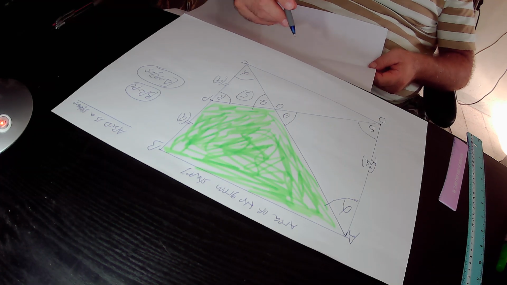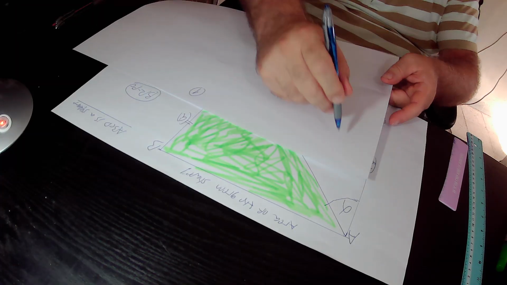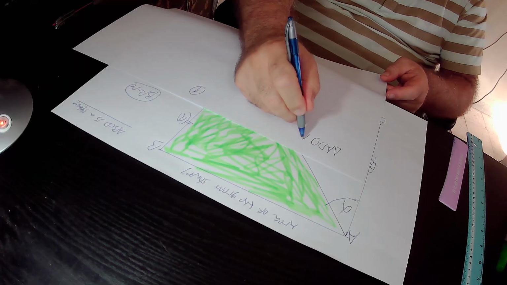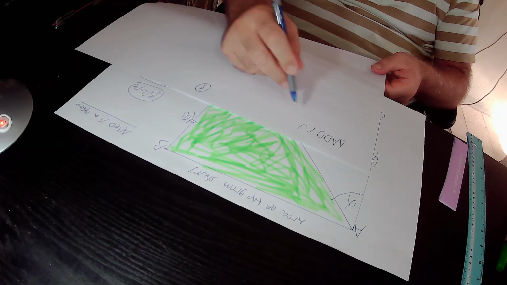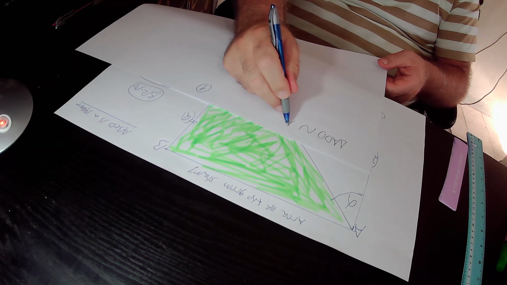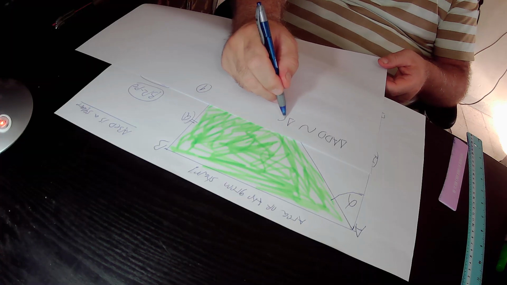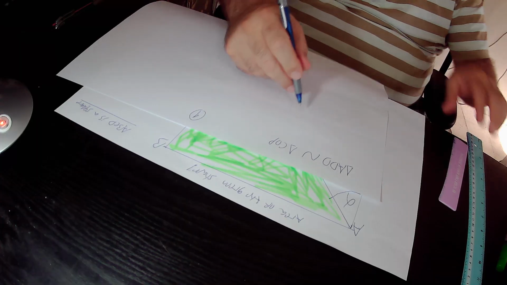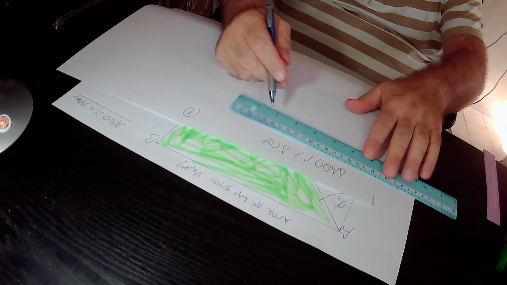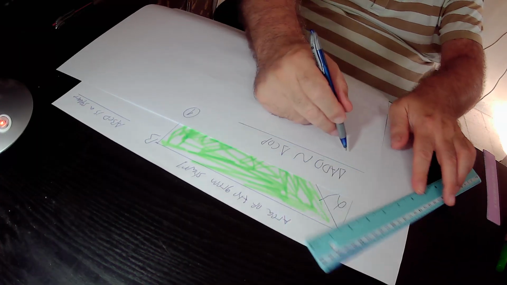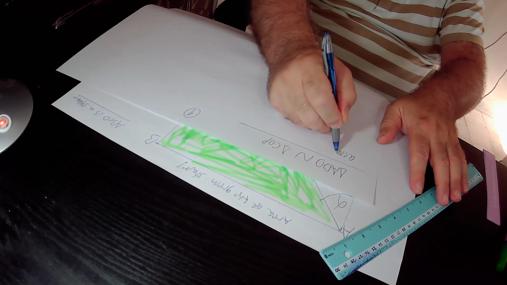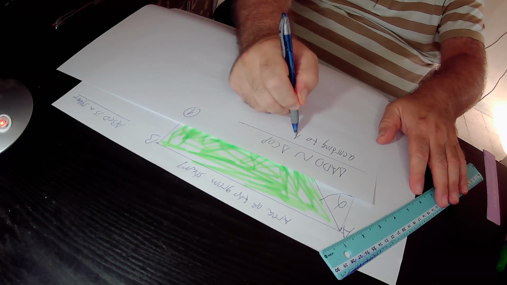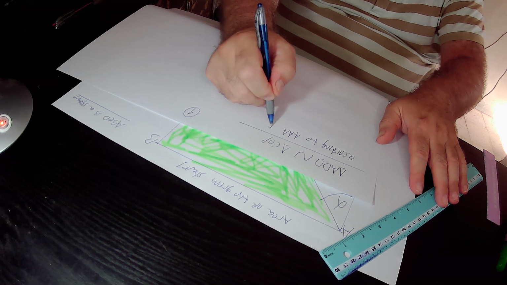The big triangle ADO is similar, this is the sign of similar, to the small triangle COP, according to the angle similarity rule.